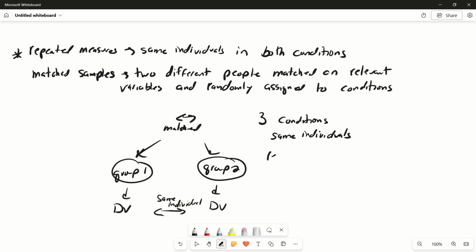You have repeated measures ANOVA, and we're going to be talking more about ANOVA both in the lab.